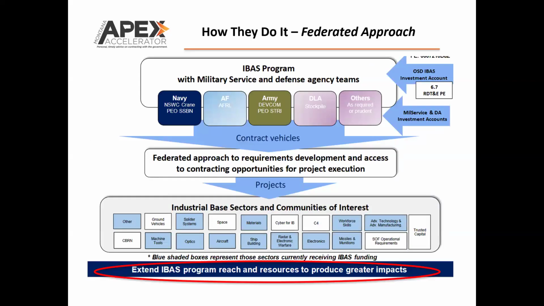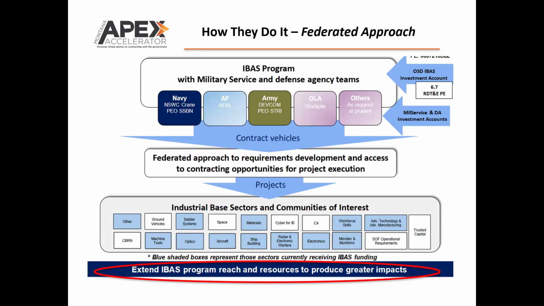This was a graph included in that report that shows how they are going to modernize the supply chain. This graph shows the military and defense agency teams, the contract vehicles, projects showing industrial base sectors, and communities of interest.